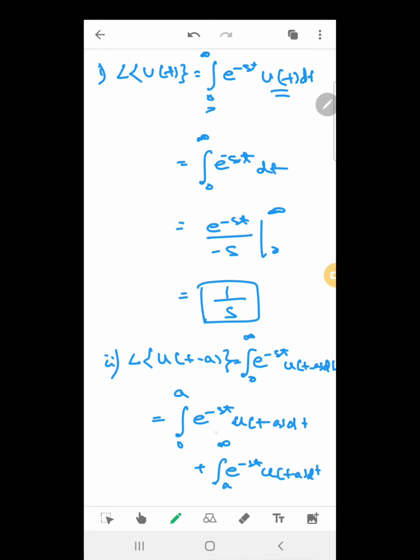So what will be the value of this particular integration? This particular integration will be actually 0 because when t is less than a, the value of u(t minus a) is 0. So this part will be 0, and here u(t minus a) will be 1. Clear?